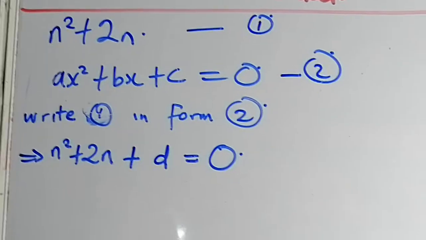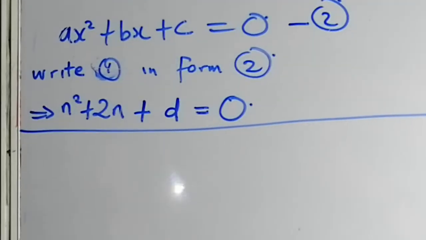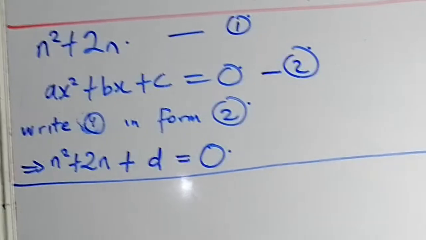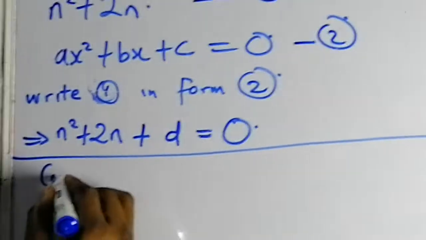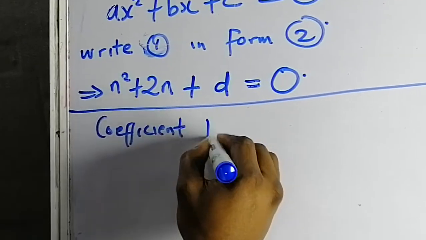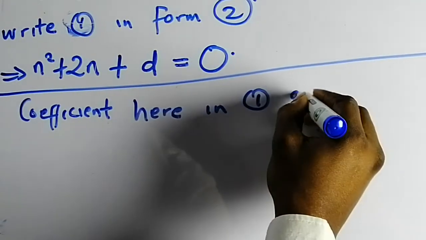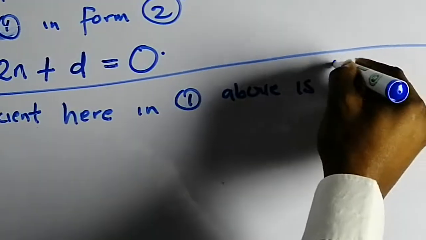So now, in the completing the square method, the first thing you need to do is identify the coefficient. What is the coefficient of n? The coefficient here in 1 above is n.